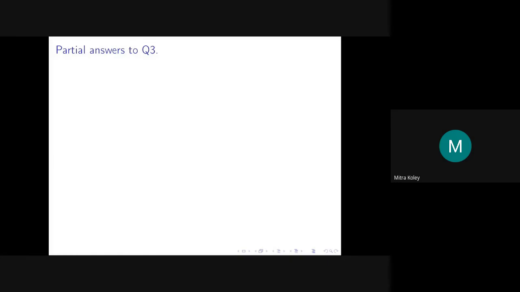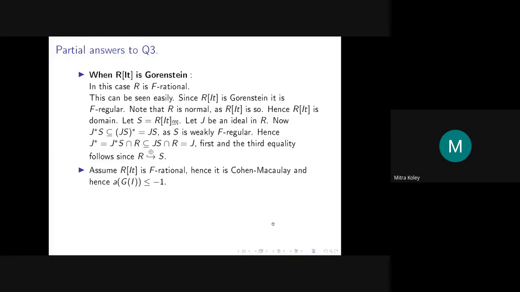Hence, if the Rees algebra has a rational singularity, then the base ring also has a rational singularity. Hence, Question 3 always has a positive answer for the rational singularity case, but for F-rationality, the answer to Question 3 in general is no. We will see one example, but first let's see the case when the Rees algebra is Gorenstein.